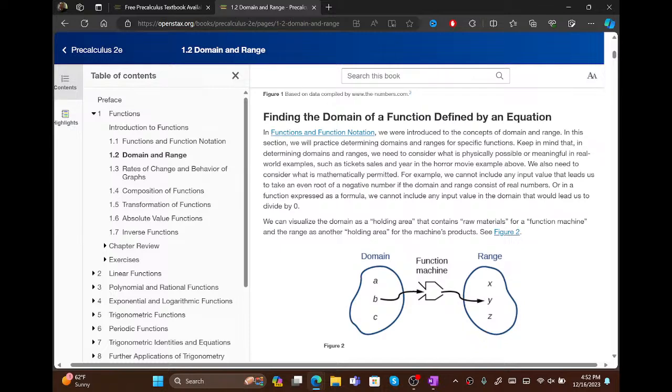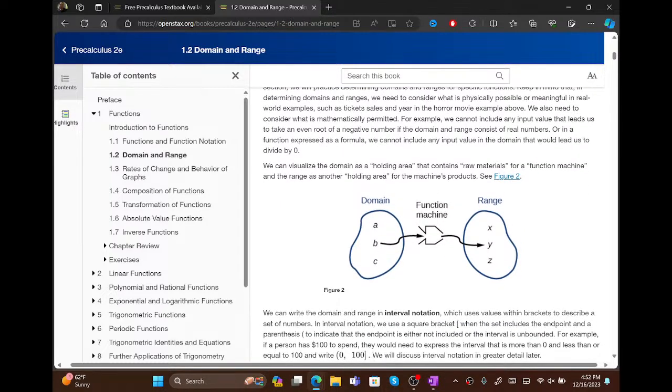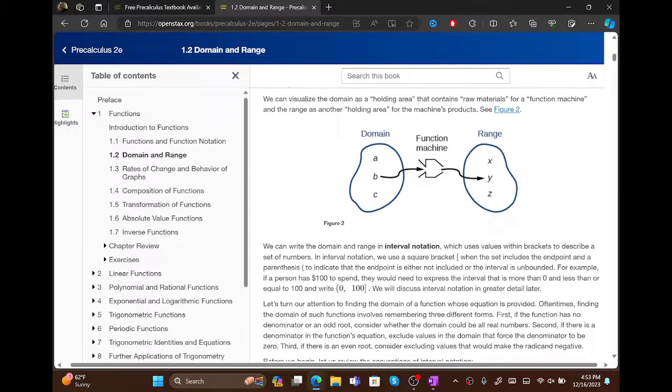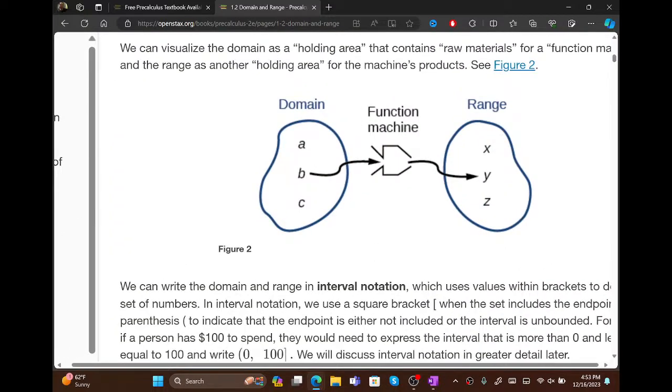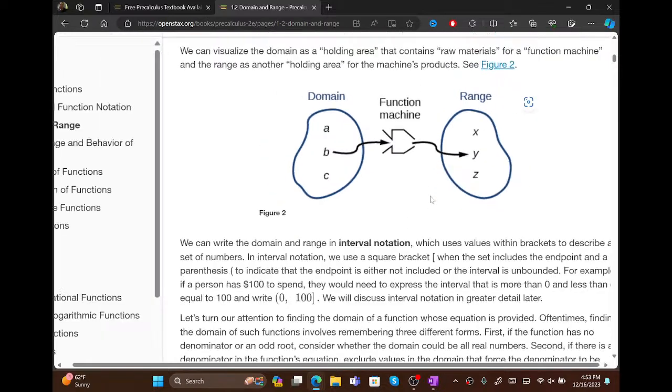Or any function. And then it says we can visualize the domain as the holding area that contains raw materials for a function machine, and the range as another holding area for the machine's products. So what you put in for the domain, the function machine works as a little machine, and then it gives out something for the output, or the range.